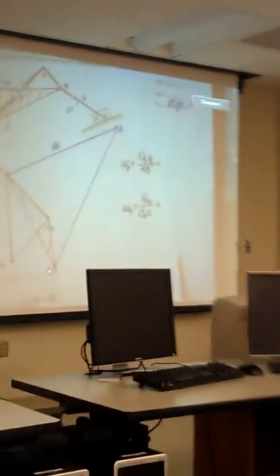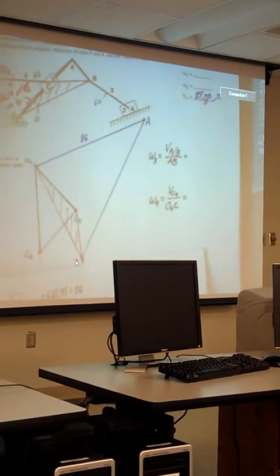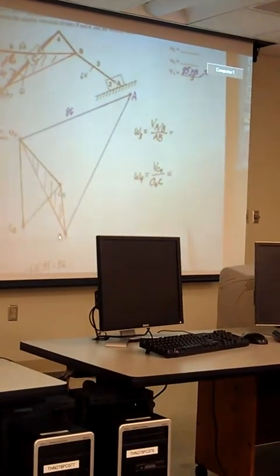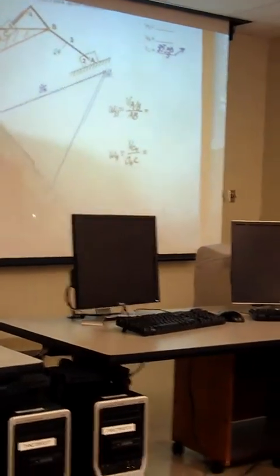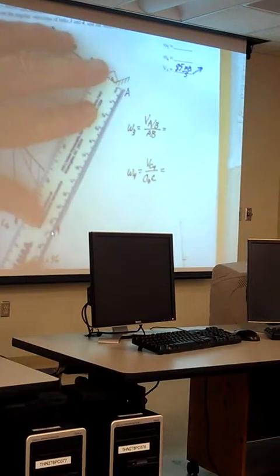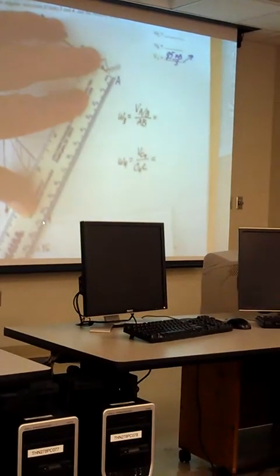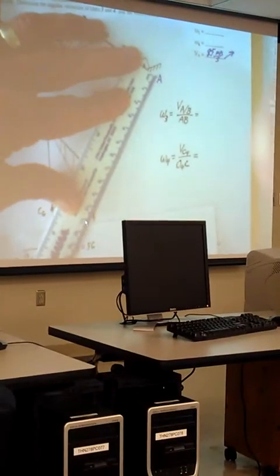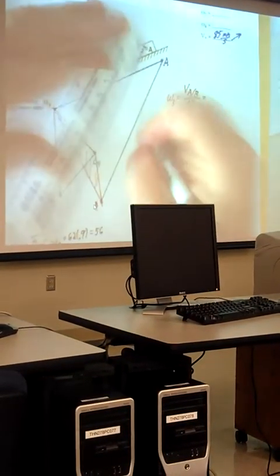So I only need to measure 2 velocities on here, so I'm going to go and measure both of those now. The velocity of AB looks pretty large. Looks to me, let's focus this again, like about 105 millimeters.